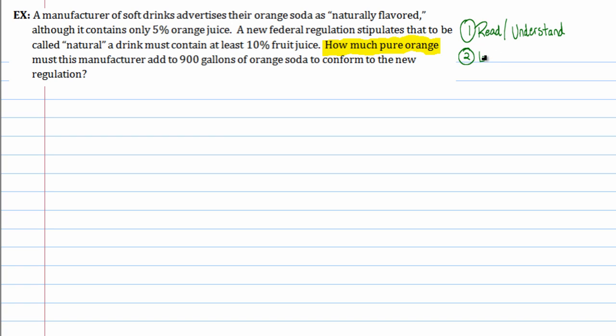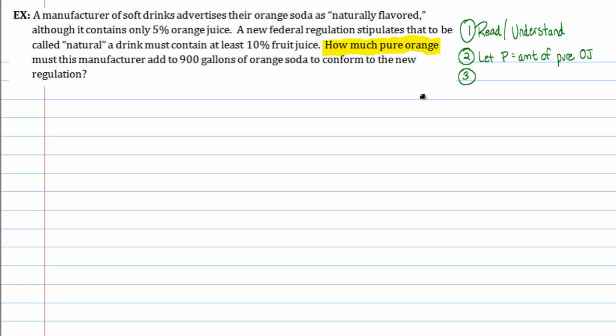So maybe I should do P, equal to the amount of pure OJ that's added to this. Okay, and now the third step is to write some equations. What I'm going to do is draw a picture here, because drawing a picture does help out with these types of problems.